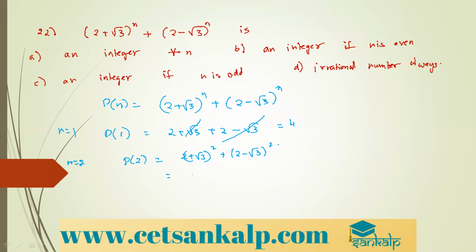So as per this, I can write 2 into 4 plus 3, that is 14. This is also an even integer. It is an integer, whether n is odd or n is even. So I can say it is an integer for all values of n.